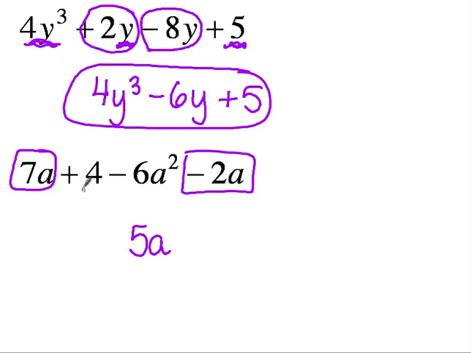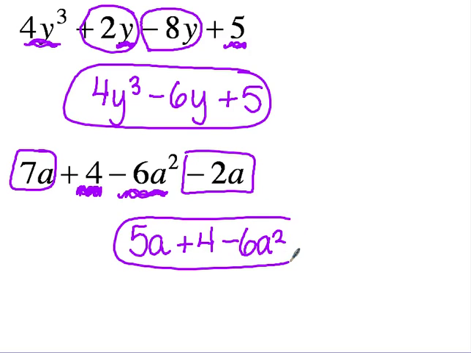Is there another, just a number, to go with the 4? No, so I put my plus 4. Is there another term to go with the a squared? No, so I just put minus 6a squared. And that is your answer. Now eventually what I'm going to want you to do is put this in descending order, where you would start with your highest power, like this. But for right now, you don't have to worry about that. That's just somewhere that we're going to be moving to.